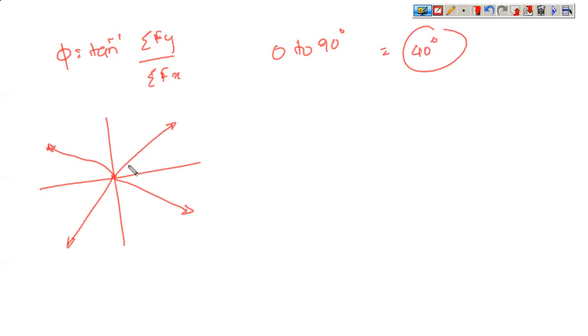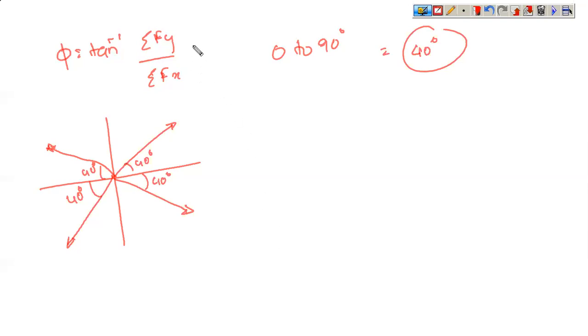These are four possible options. Even this is 40 degree. This is 40 degree. It is made with the horizontal, so this is 40 degree. So you have four possible options. And out of these four possible options, only one is correct. So how do you decide which one is correct?